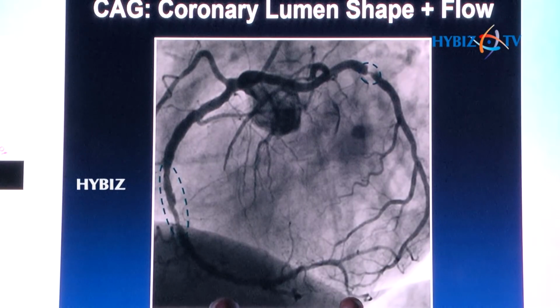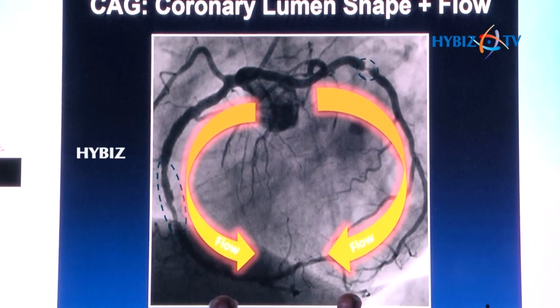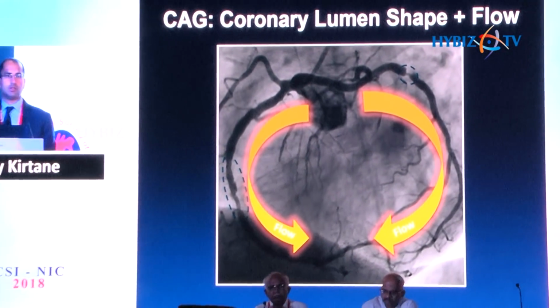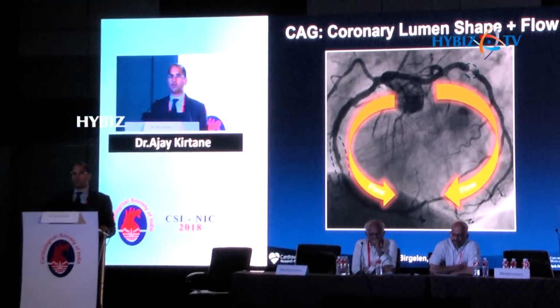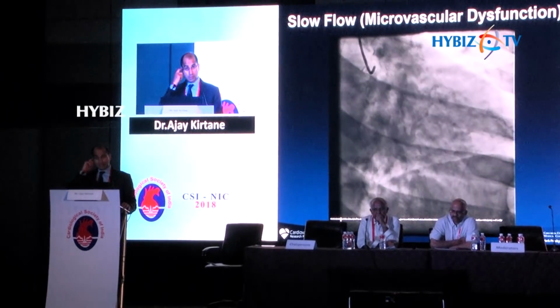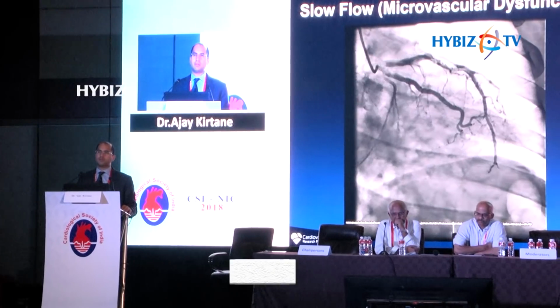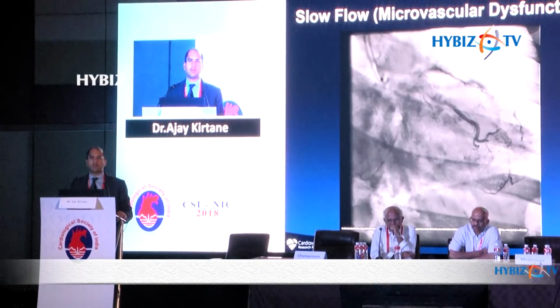This is just an example of what oftentimes our interventional fellows do: they fixate on the lesion, but what they really also need to fixate on is how the flow comes through the vessels, because those two things together can help determine how to treat the patient. This is an example of a case that happened in our lab where the interventional fellow takes this first picture, gets disappointed because there's nothing to fix.